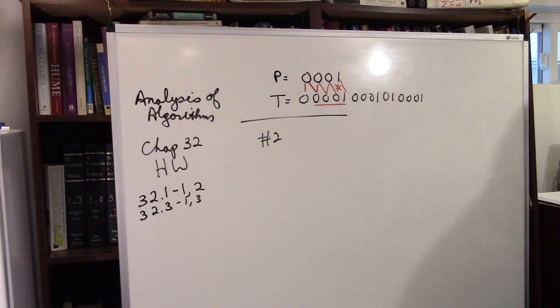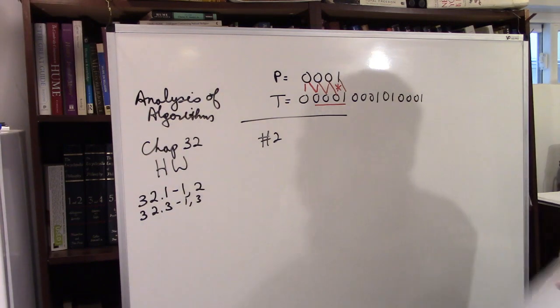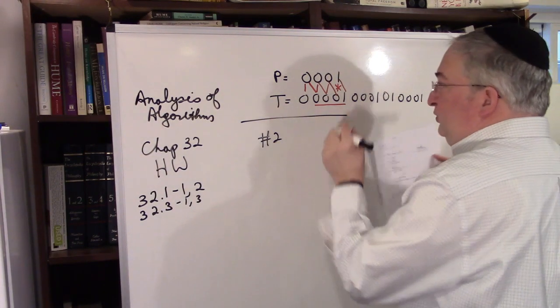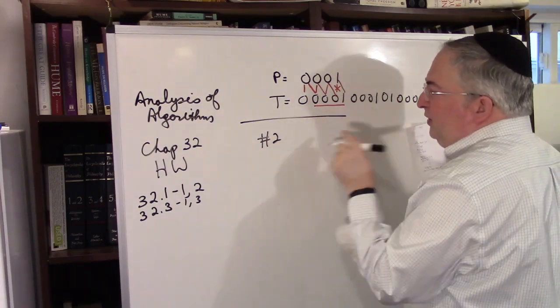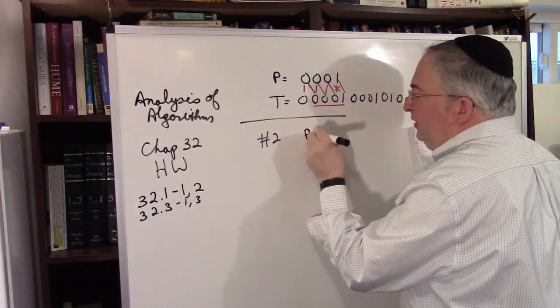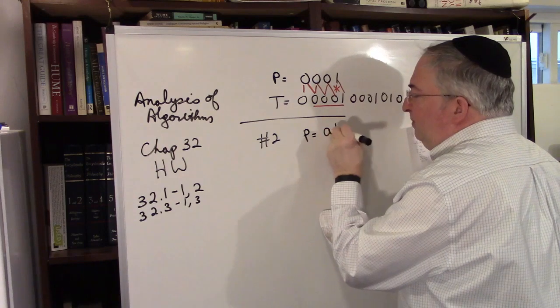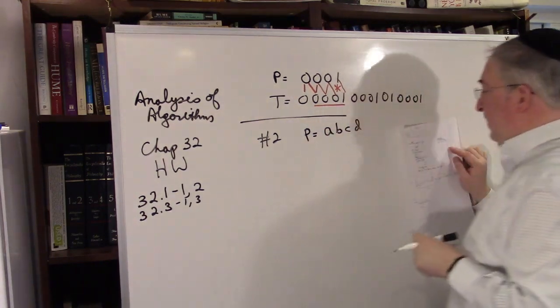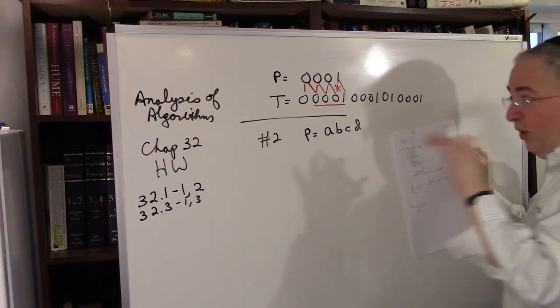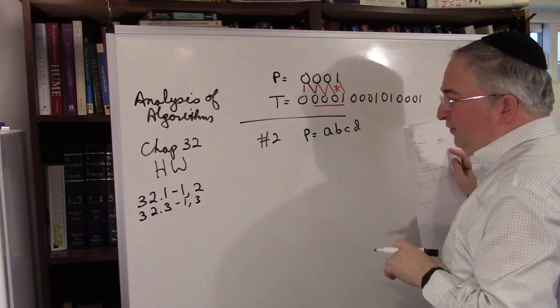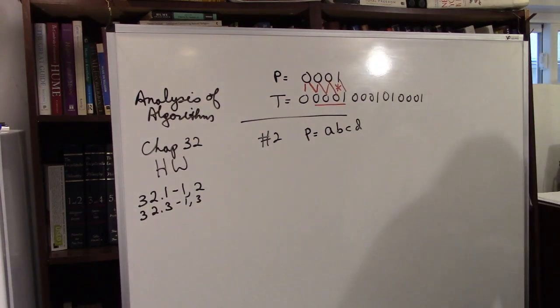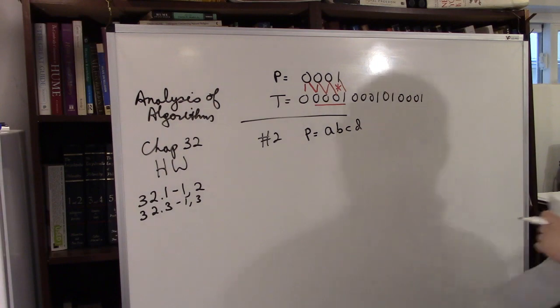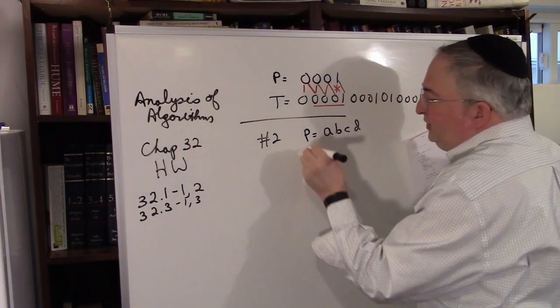Okay, so it goes as follows. We're going to do something different than this. The pattern is equal to, let's say, A, B, C, D. That's a pretty simple pattern where every single character is different. That's what they want. Suppose that all the characters in the pattern are different. Now let's look at the text.